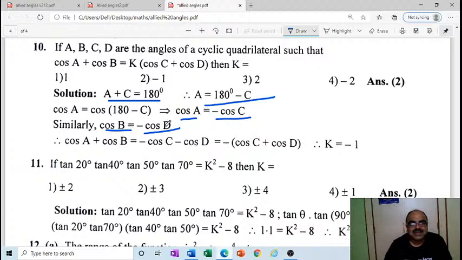Cos A plus cos B equals minus of cos C plus cos D. So they have given an equation, we got it, cos A plus cos B equals minus, if there is nothing, it is 1. So K equals minus 1.